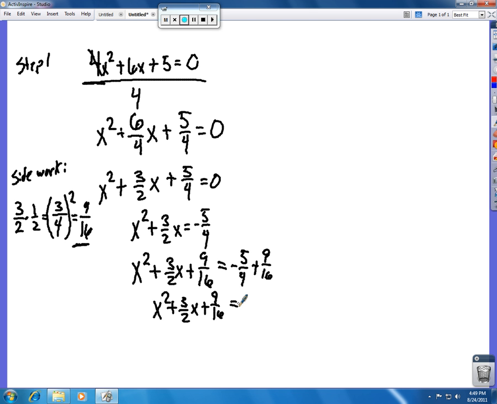So negative 5/4 will actually become negative 20 over 16. How did I get that? You take negative 5 over 4, and we want the denominator to be 16, so you're going to multiply this whole thing by 4 over 4. That gives you your 16 denominator, but you have to also do it to your numerator. So negative 5 times 4 is negative 20. So negative 20 over 16 plus 9 over 16.